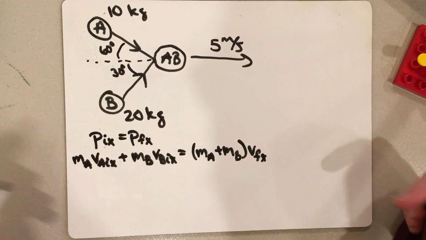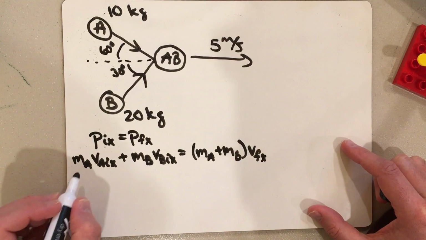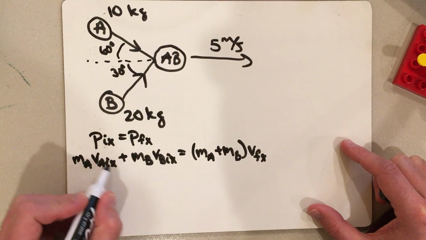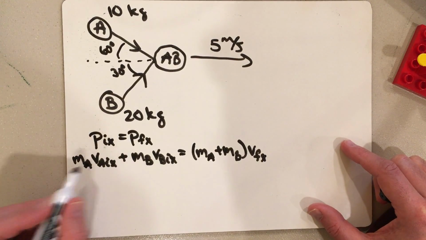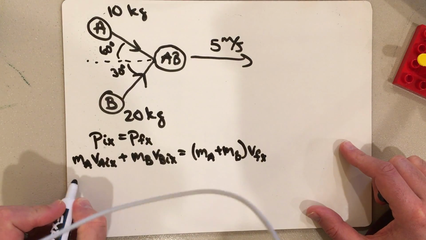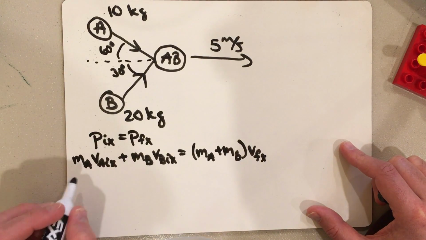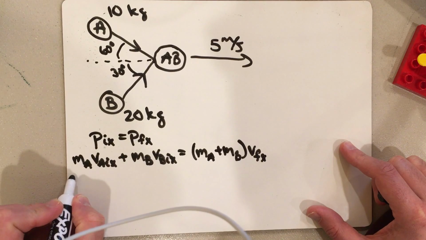Now we have values, so we can go ahead and stick those values in. Bear in mind, this is the x component of the velocities that we're dealing with, so we have to do a little vector analysis. To begin with, I know the mass of A is 10 kilograms.